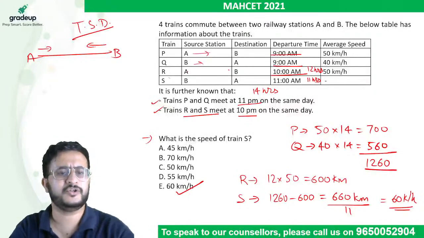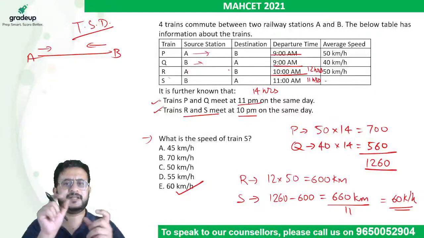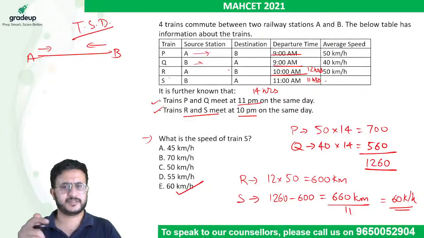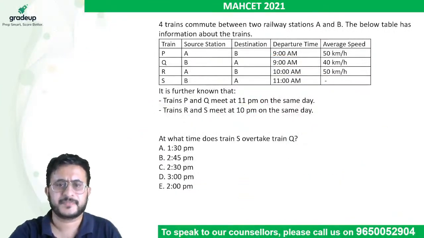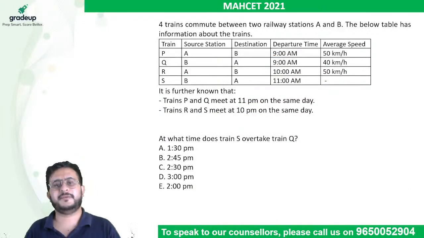So you find the distance covered by R, find the distance covered by S, subtract, and you will get it. You know the distance covered, you know the time taken, you can find the speed easily. Okay. All right.